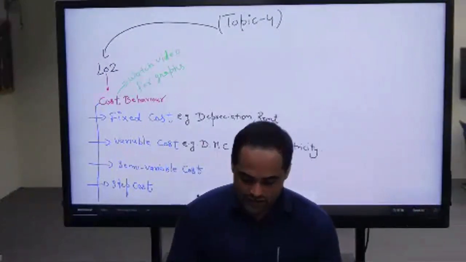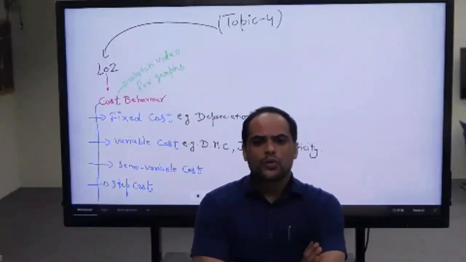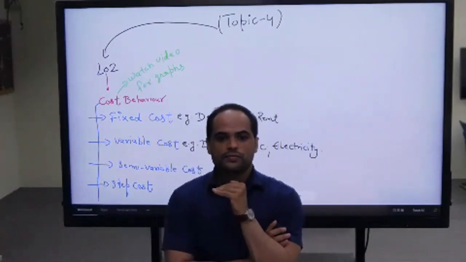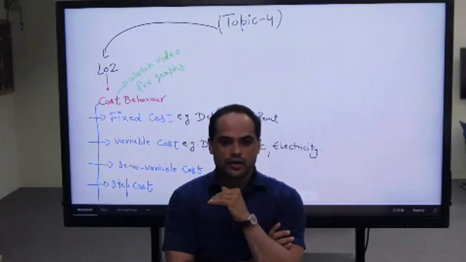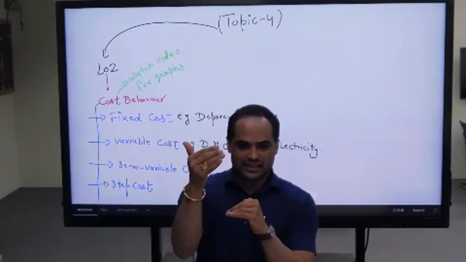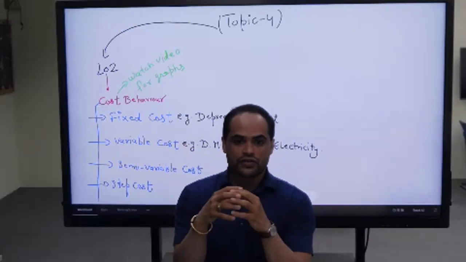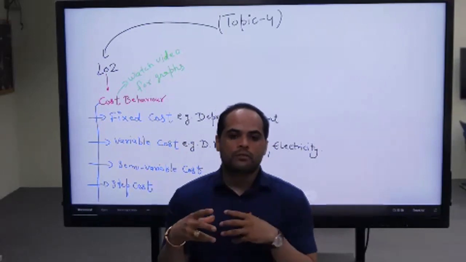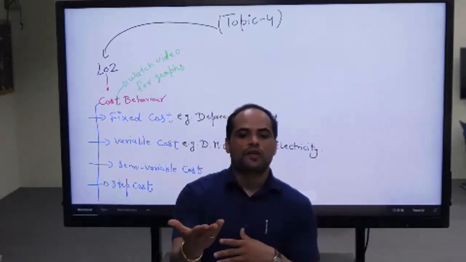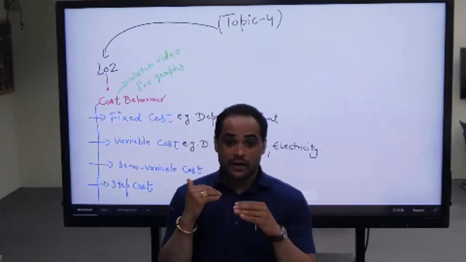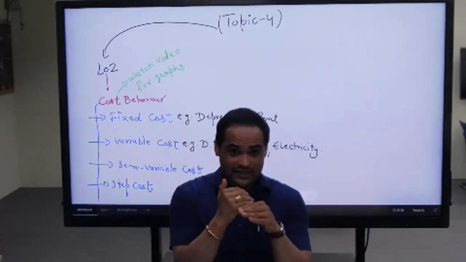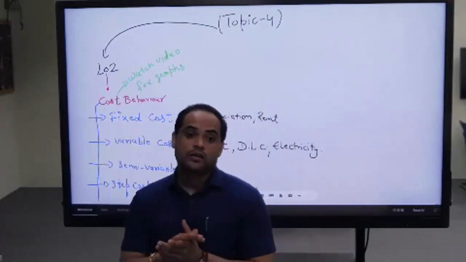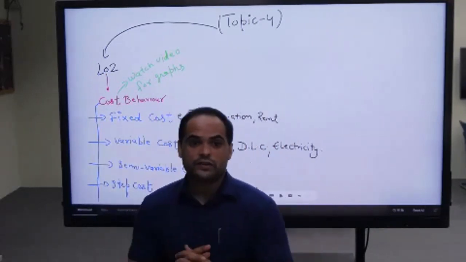Semi-variable or semi-fixed cost is a cost which is fixed at first, but after a particular number of units, the cost will convert into variable. At first it's fixed, but if you cross that units, it turns into a variable, and it will remain variable. It will not come back to the fixed cost.